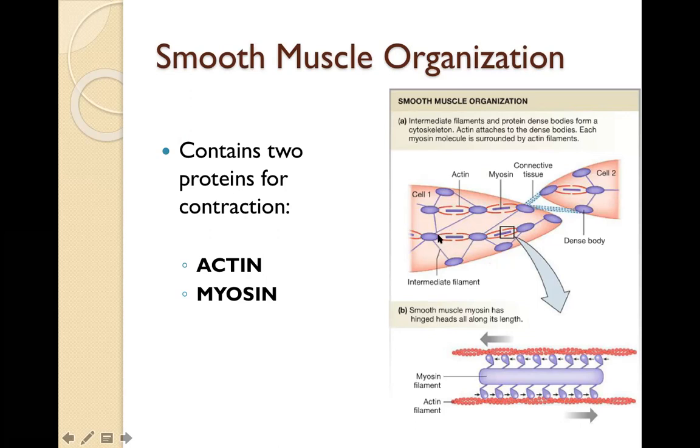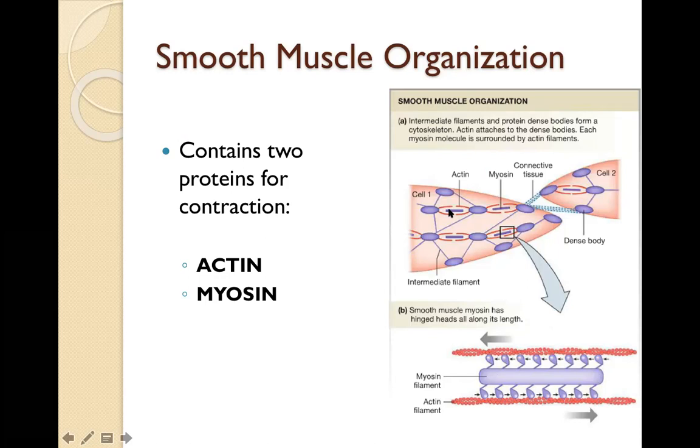And there's really two major components that are responsible for contraction. Those two major proteins or components are actin and myosin. And so if you've learned about muscle contraction in the past, these two words should not be new to you. But the thicker filament, this is the blue region here.